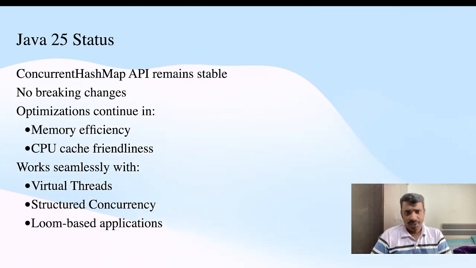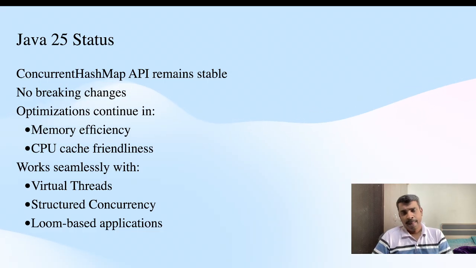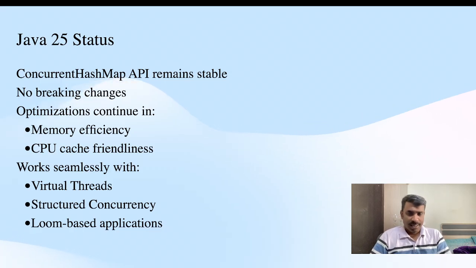In Java 25, the latest version, the ConcurrentHashMap API remains stable. No breaking changes. Optimization continues for memory efficiency and CPU cache friendliness. It works seamlessly with virtual threads, structured concurrency and Loom based applications.